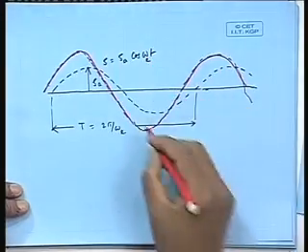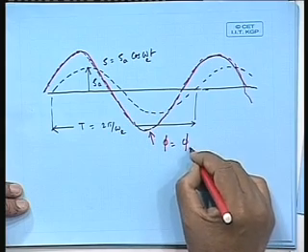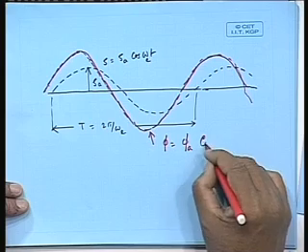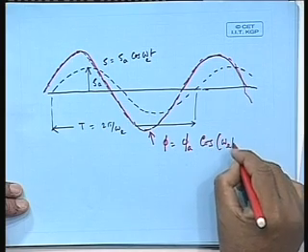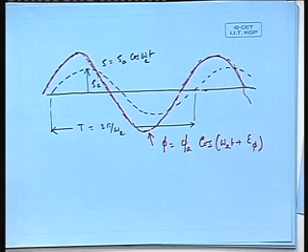This is the roll signal, phi equal to phi_a cos(omega_e t plus epsilon_phi). I am writing it this way. Now what is epsilon_phi? That is what we want to find out.